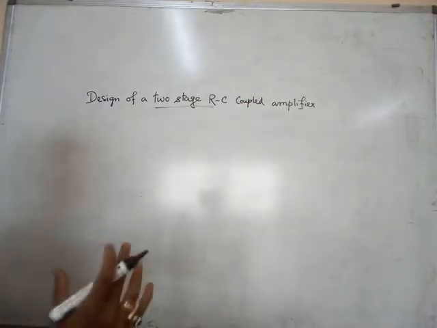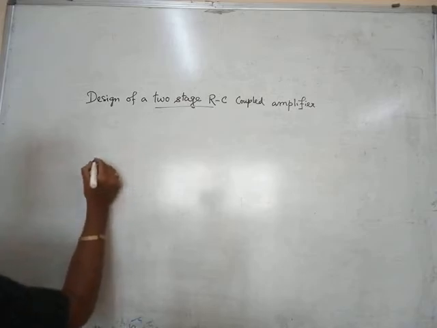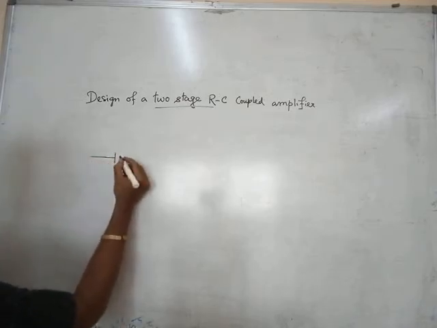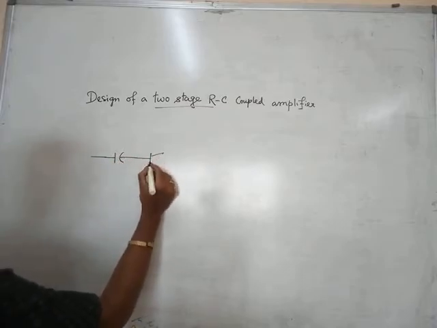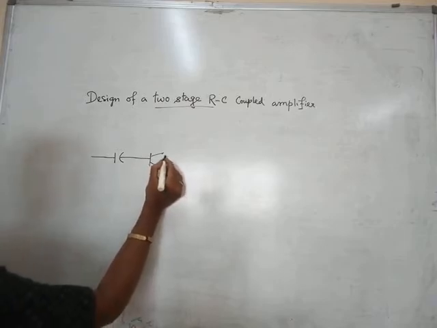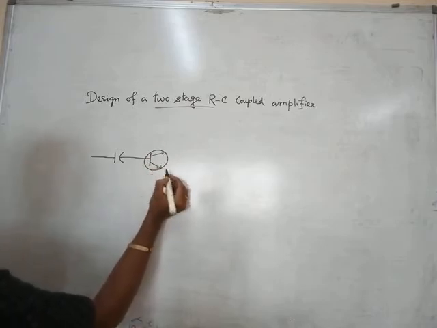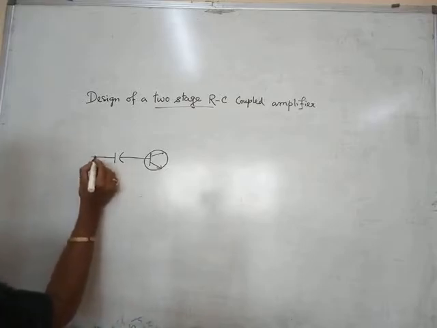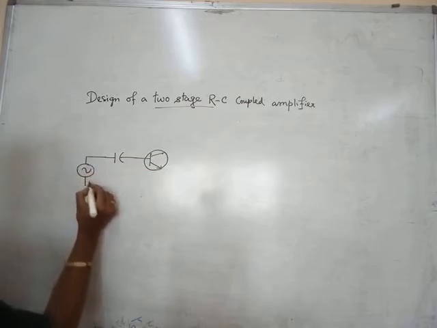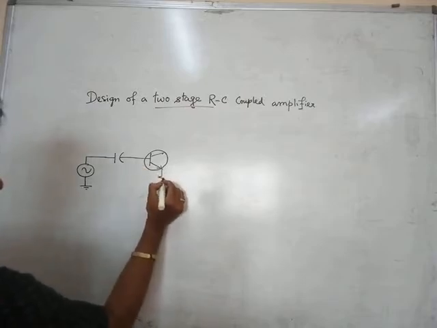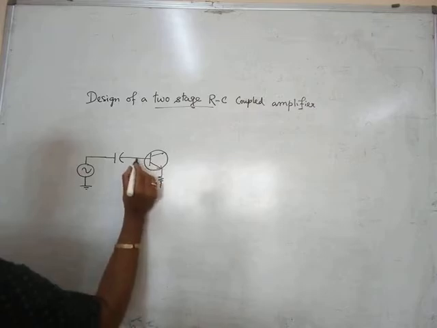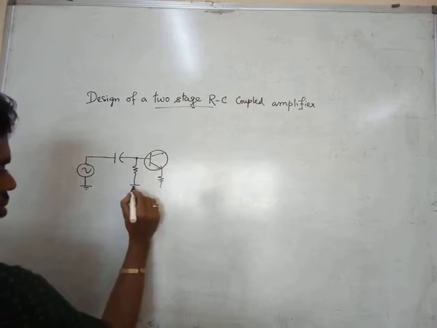So first of all, we design the circuit. This is a capacitor connected to the base of an NPN transistor. There is an input. This is a resistor from emitter and base resistor. Both are grounded.